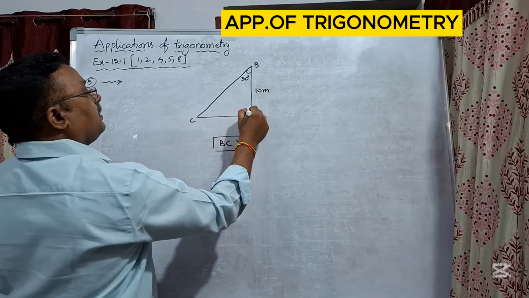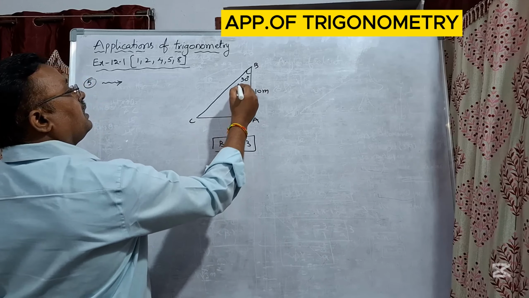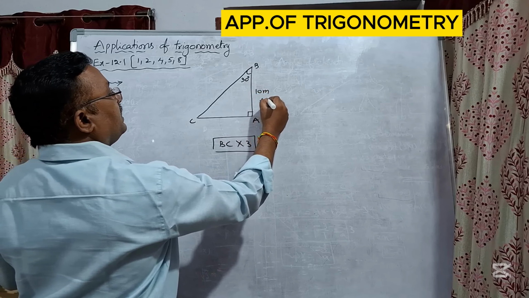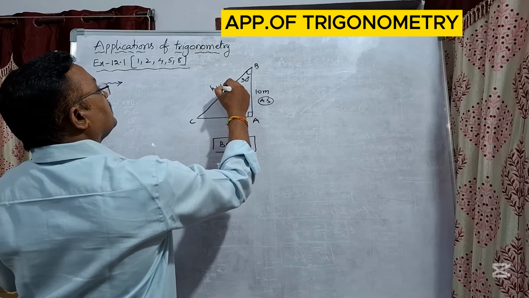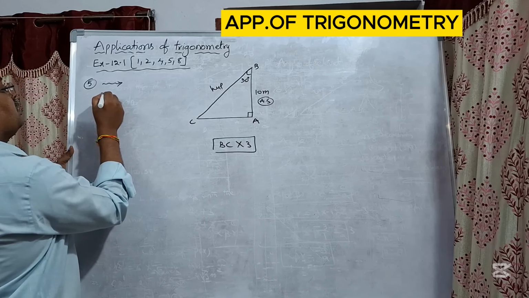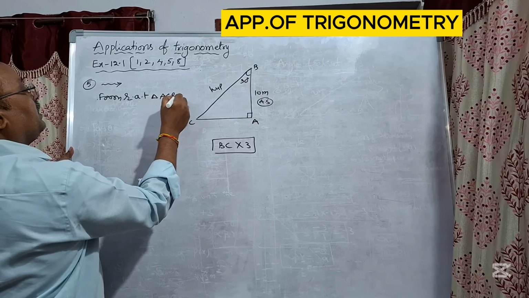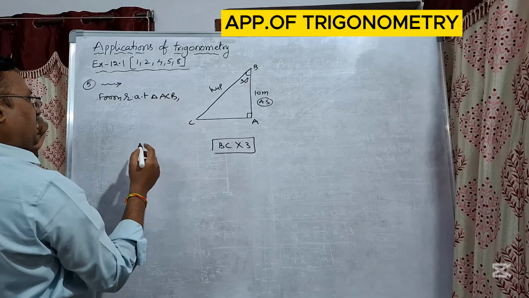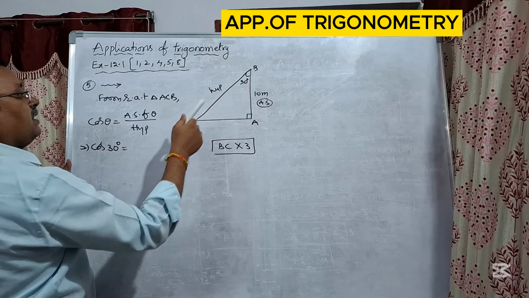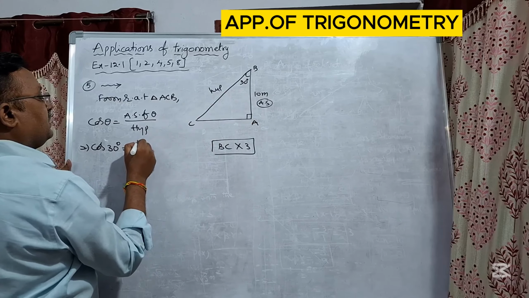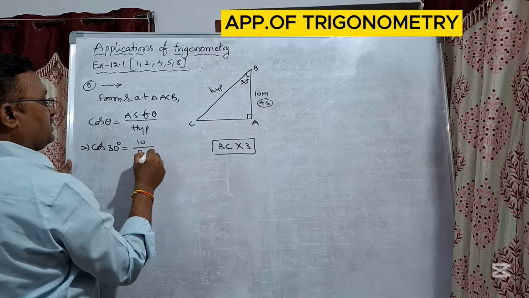Clearly the pole will be at 90 degrees with the level ground. The angle is given, its adjacent side we already know, and we want the hypotenuse. So from the right angle triangle ACB, we apply adjacent side and hypotenuse. So cos theta is adjacent side by hypotenuse, which implies cos 30 degrees equals adjacent side 10 by hypotenuse BC.